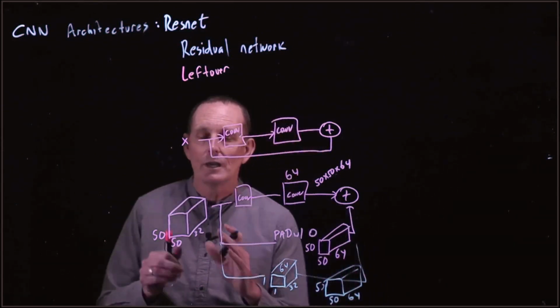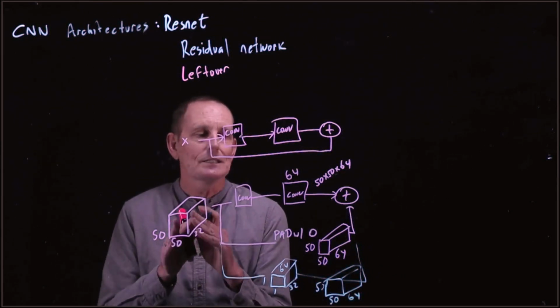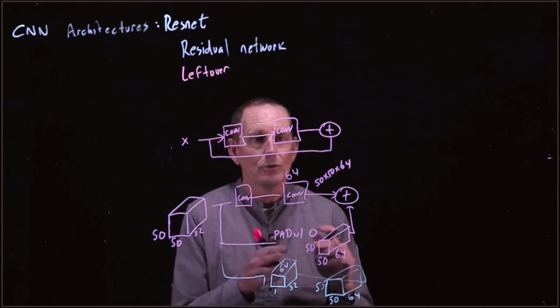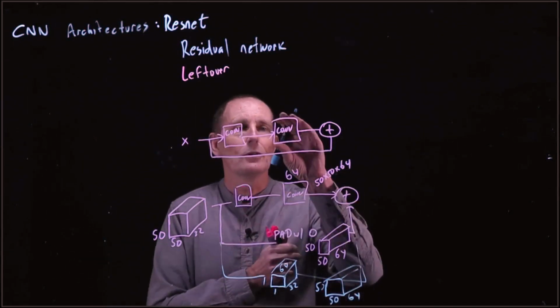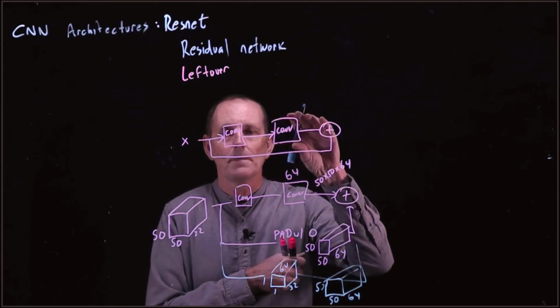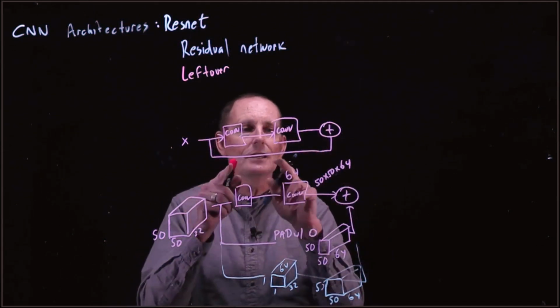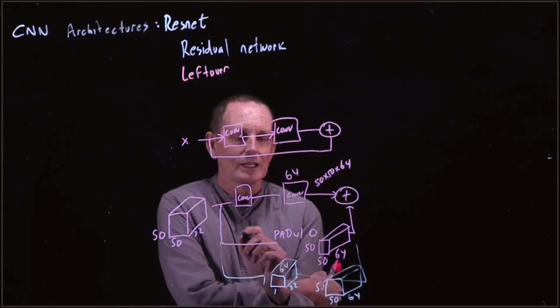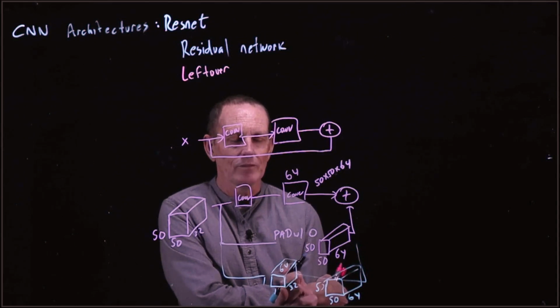Either of those will work as a way of adjusting the depth of X, as we are normally just keeping it as identity, but if we're changing the depth through our convolution path, we need to also change the depth through the identity path. So we can do that either by padding with zeros or by using 1 by 1 convolutions.